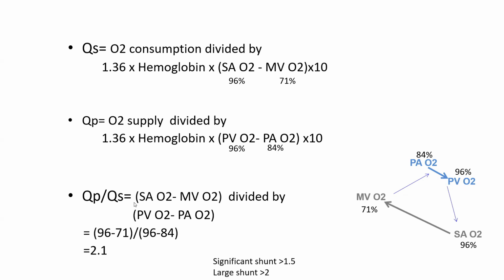So QP/QS ratio is systemic sat divided by pulmonic sats. And we call it significant shunt when it's over 1.5. This is moderate shunt. And large shunt when it's over 2. But 1.5 already qualifies for surgery or intervention.